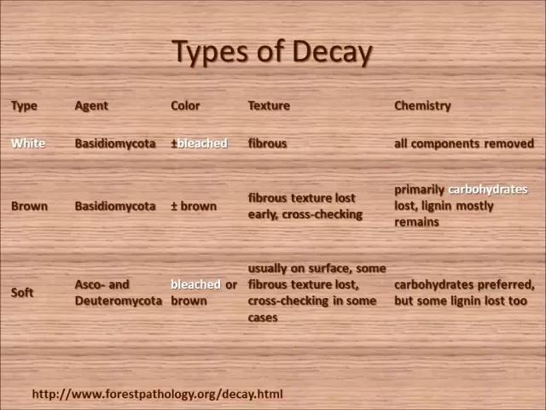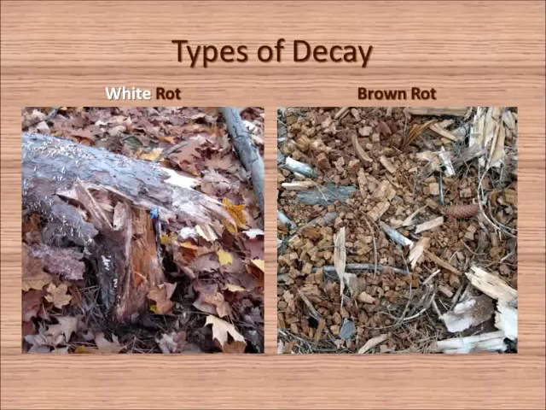Lignin is brown and cellulose is white. Cellulose is very structurally stable. It's long chains of sugars, and lignin is a more complicated structure. But anyhow, white rot fungi decompose both lignin and cellulose. So what they have left behind is mostly cellulose, as seen here.